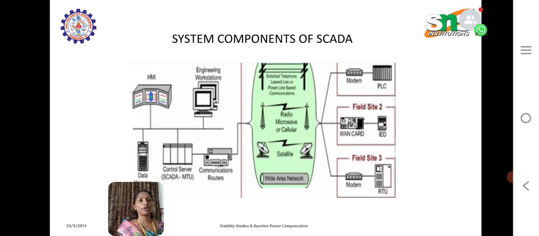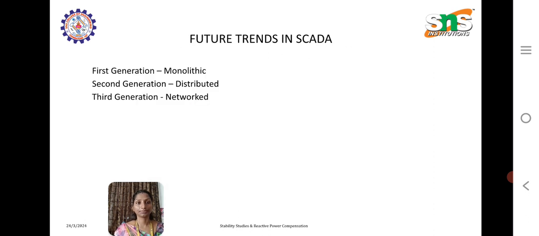For example, we have three sites here. One is a PLC, one is a remote terminal unit. Using a modem, it is communicated to the PLC. Using a modem, it is communicated to a remote terminal unit, and using a band card, it is communicated to a part which can display the output gathered from the input side.